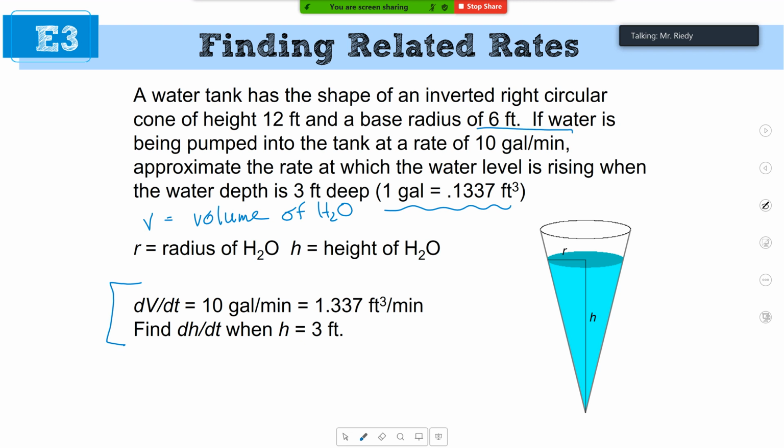So this 10 gallons per minute is my change in volume. And then you'll notice I made a little conversion here. Since everything else in the problem is measured in feet, I need to have my volume in terms of feet also. So I used a little Gazinta bar work there, or from chemistry, it would be factor label method to convert that.